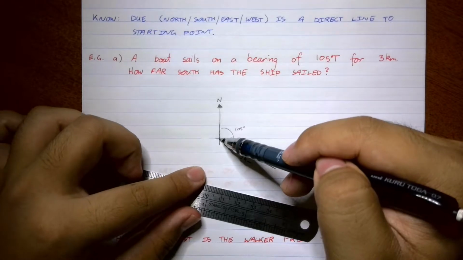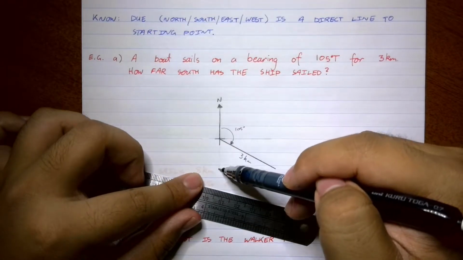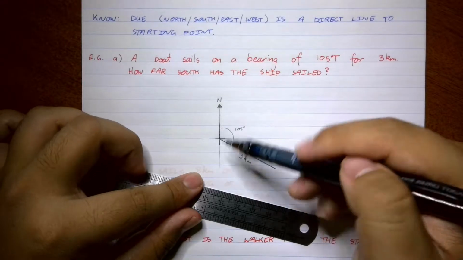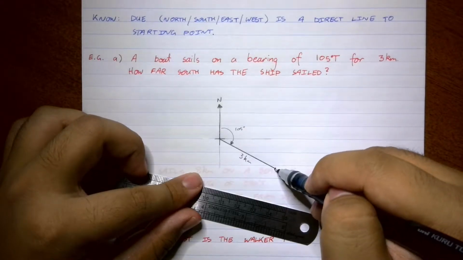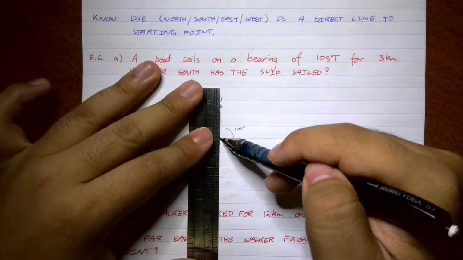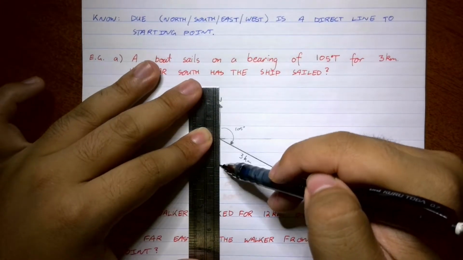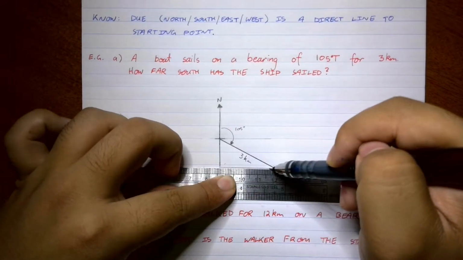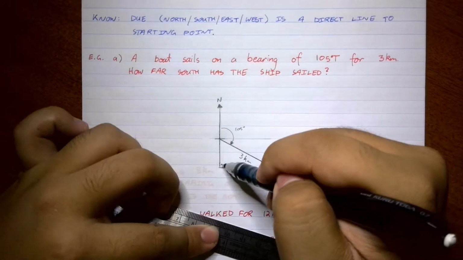Really, from the starting point, south is this way. So what it's asking us, if it ends here, is how far is this length here? Because this is now directly south from the start point.